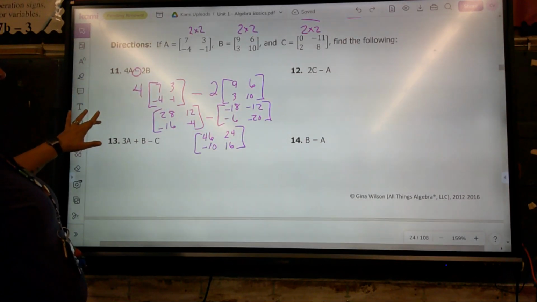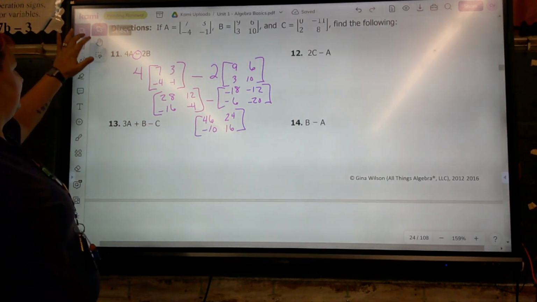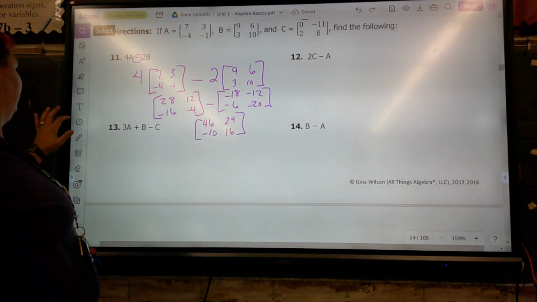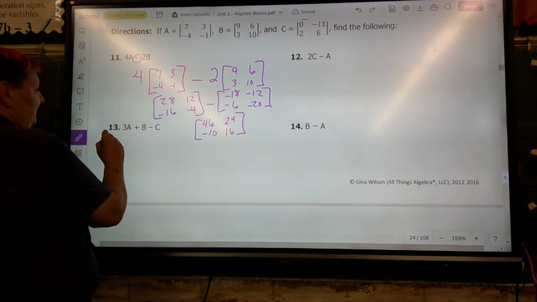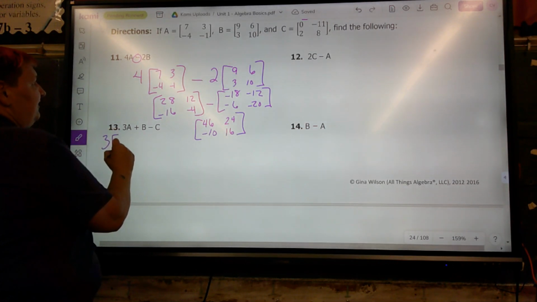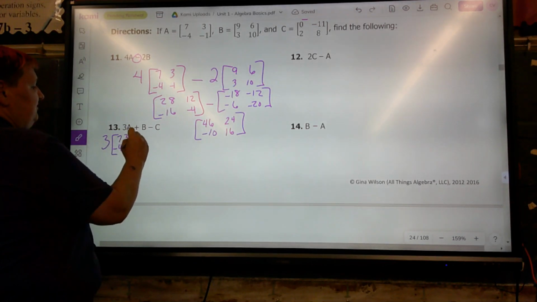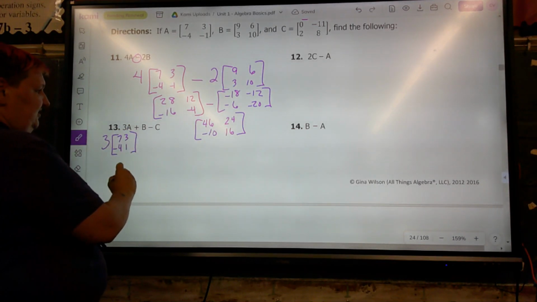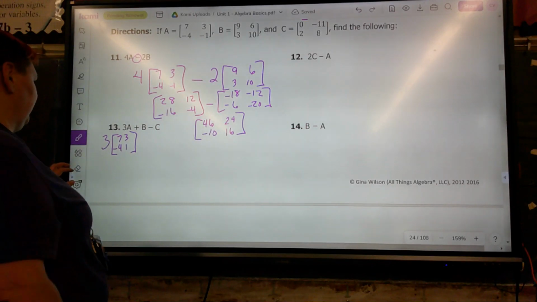Alright, I need to copy down my little graphs before I move it. Alright, so 3A, 7, 3, negative 4, and 1. Be careful that you can see that they're 2 different numbers. This is not 73 over negative 41.